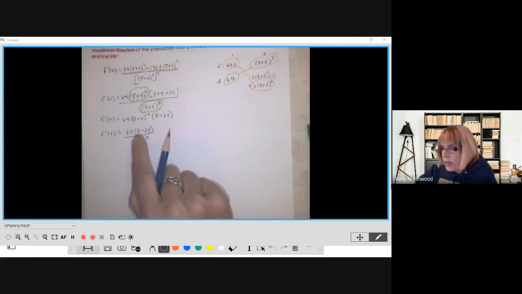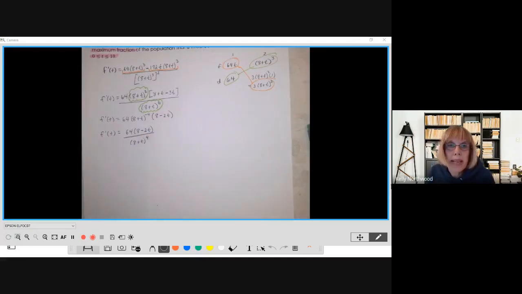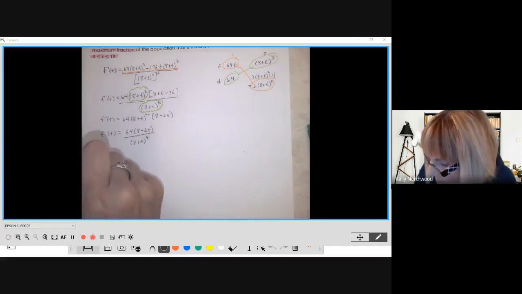I could factor 2 out of here, but I'm solving. I'm going to set it equal to 0 and solve, and that's not going to be too much of a big deal. So I think I'll just set it equal to 0 now.